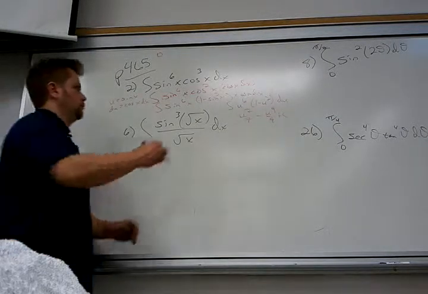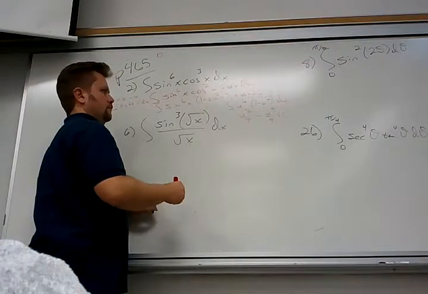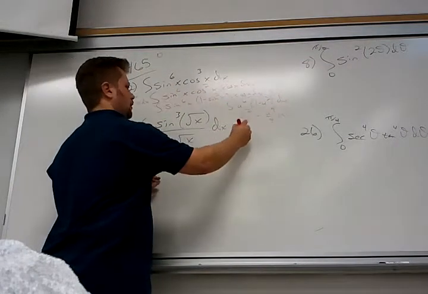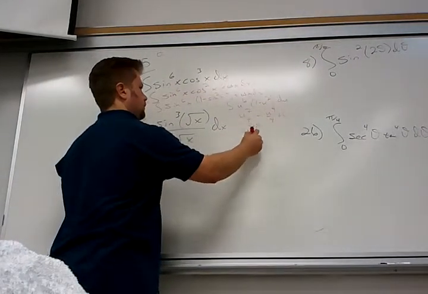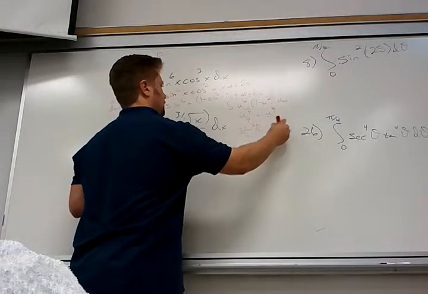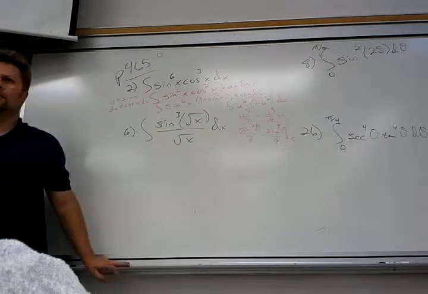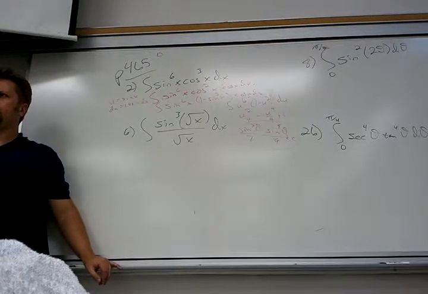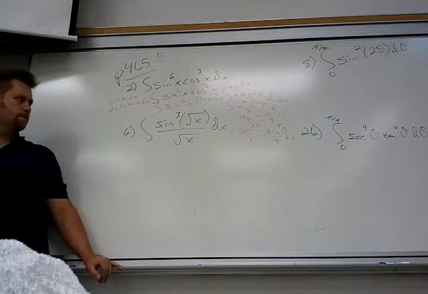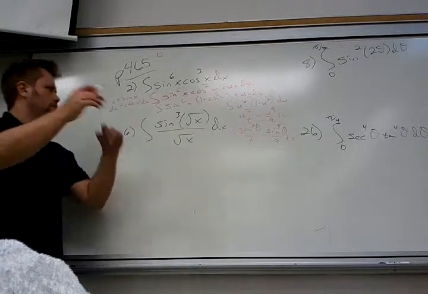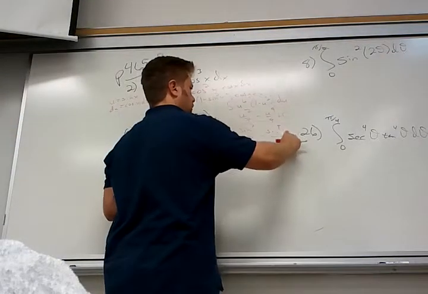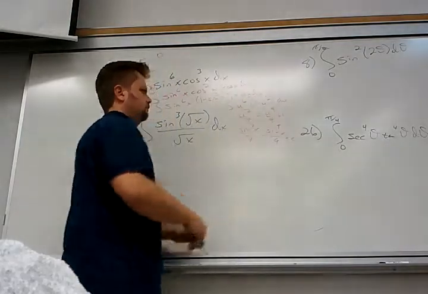Yep, you distribute. And u was sine, so you get sine^7 over 7, sine^9 over 9. Bam. Okay, cool. How's that? You have to use x instead of theta. Oh, x, sorry. We were using theta earlier.